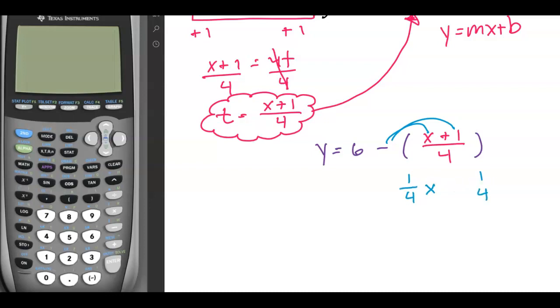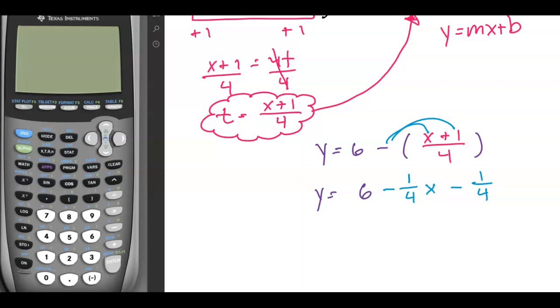Not a plus though. I distribute that negative, and both of these become negative. But then what do I have to do? I have to combine the 6 and the what?